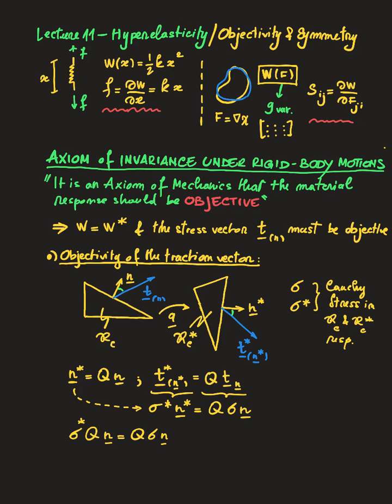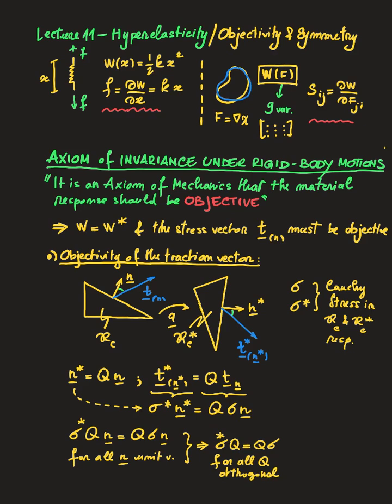So this condition has to hold for all unit vectors n, and this means that sigma star Q has to be equal to Q sigma. By the way, this has to be true for all orthogonal Q, because we want objectivity to hold for any rotation.